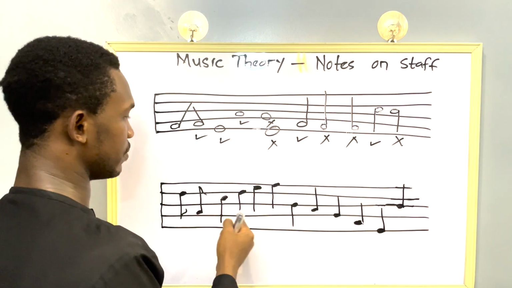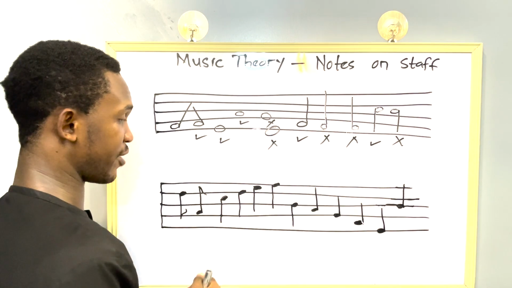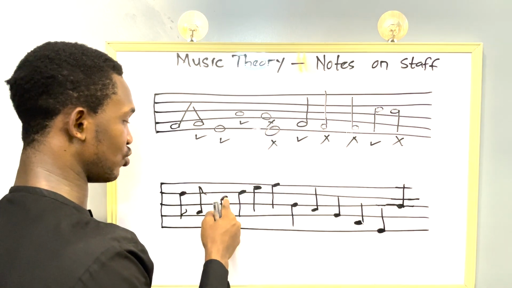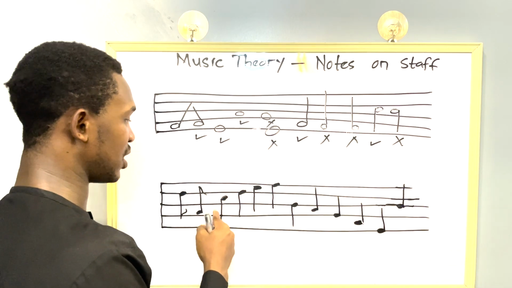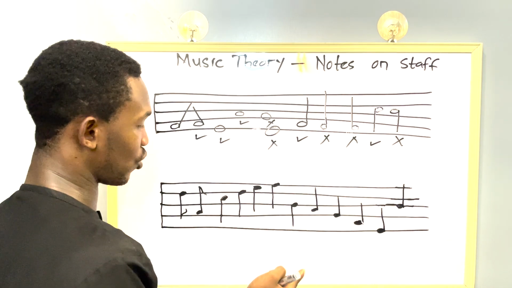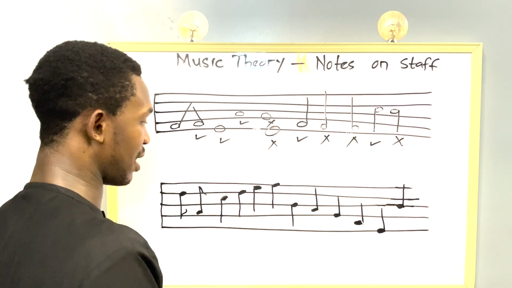I told us the third line rule also, such that when a note is written, whether on the line or on the space, above the third line, the stem goes down by the left.